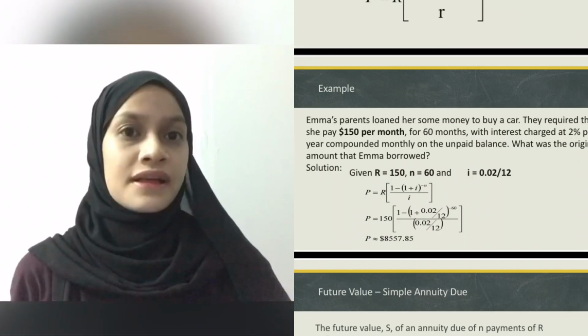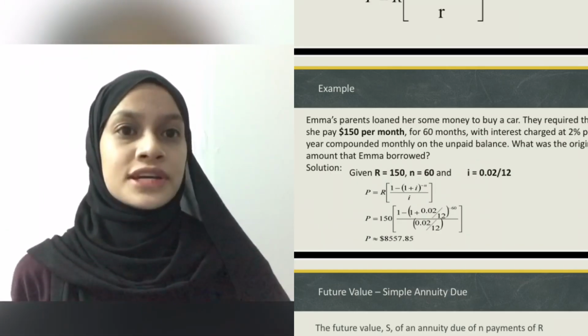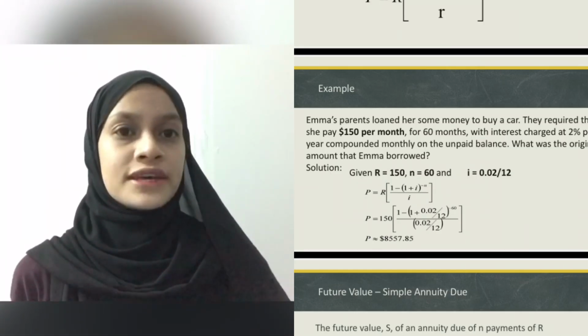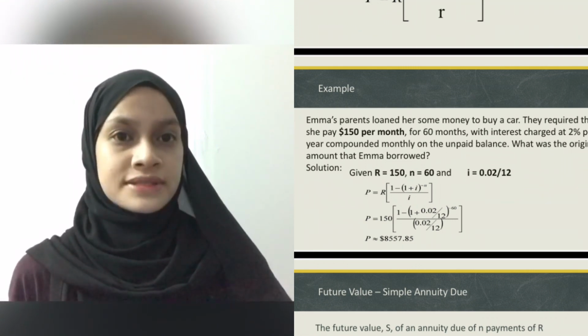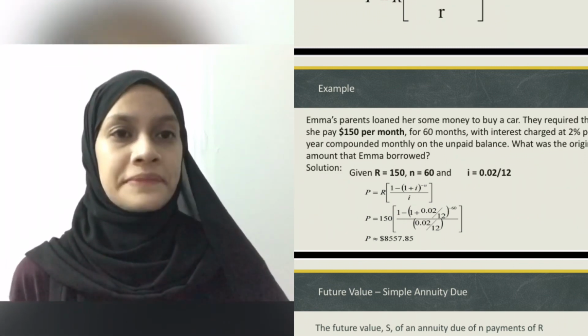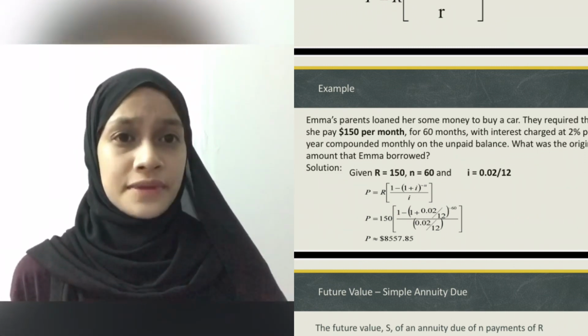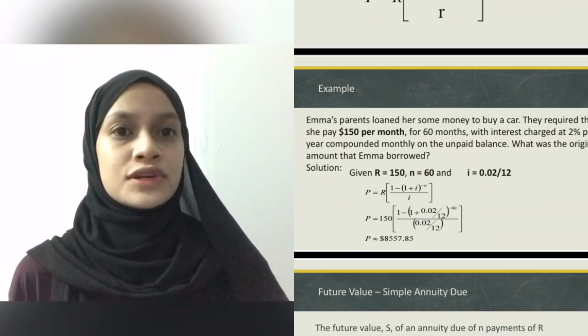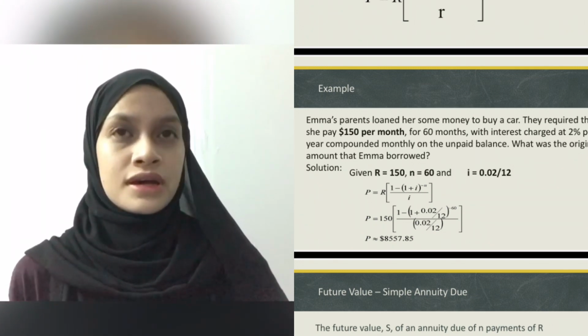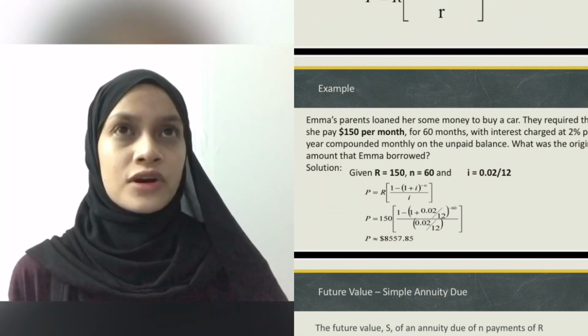Okay, next, how to find the present value of ordinary simple annuity. Example: Emma's parents loaned her some money to buy a car. They required that she pay $150 per month for 60 months, with interest charged at 2% per year compounded monthly on the unpaid balance. What was the original amount that Emma borrowed? Using the formula of present value of ordinary simple annuity, we can easily find the answer.